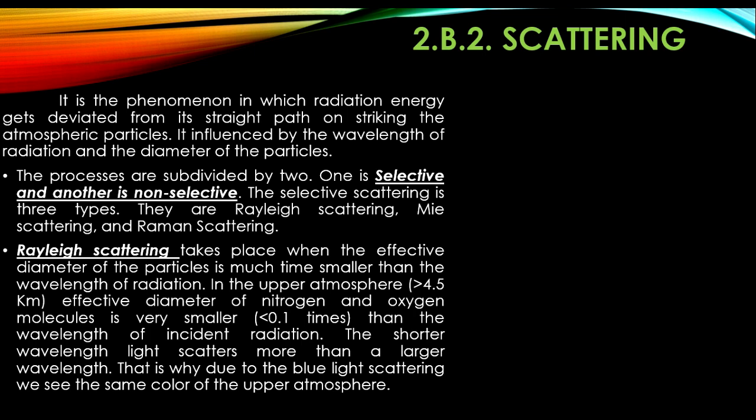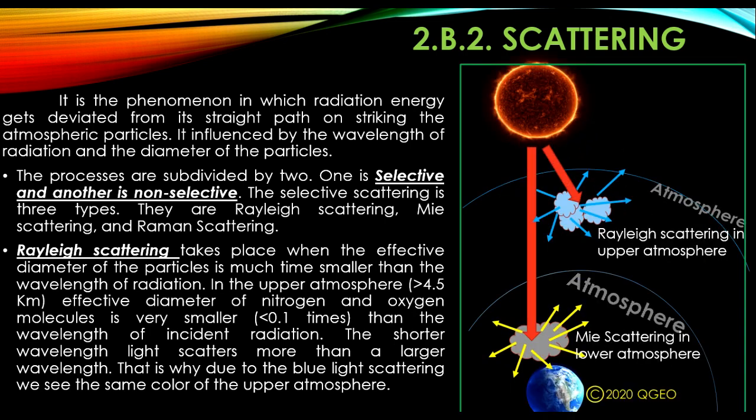Shorter wavelengths are scattered more than larger wavelengths. That is why, due to blue light scattering, we see the blue color of the upper atmosphere. In the upper atmosphere we see Rayleigh scattering, and in the lower atmosphere we see Mie scattering.